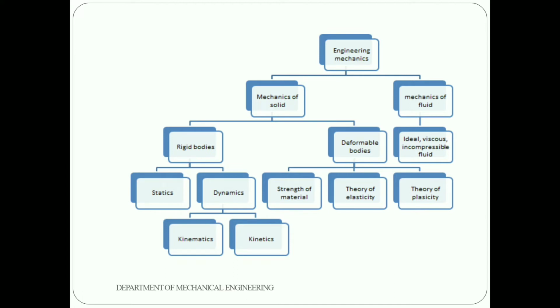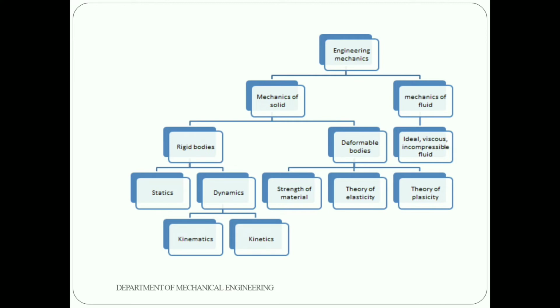In engineering mechanics, it is basically divided into two: mechanics of solids and mechanics of fluids. Mechanics of solids is further classified into two types: rigid body and deformable body. What is meant by rigid body?